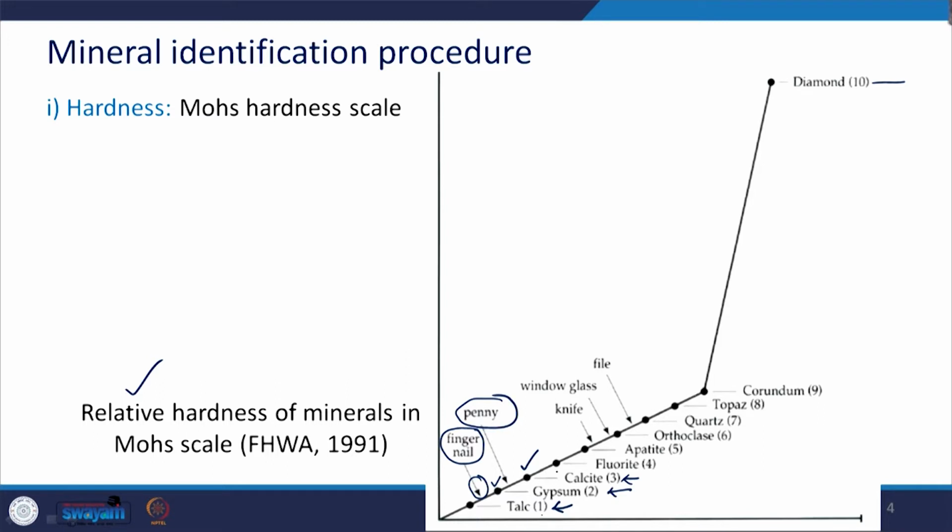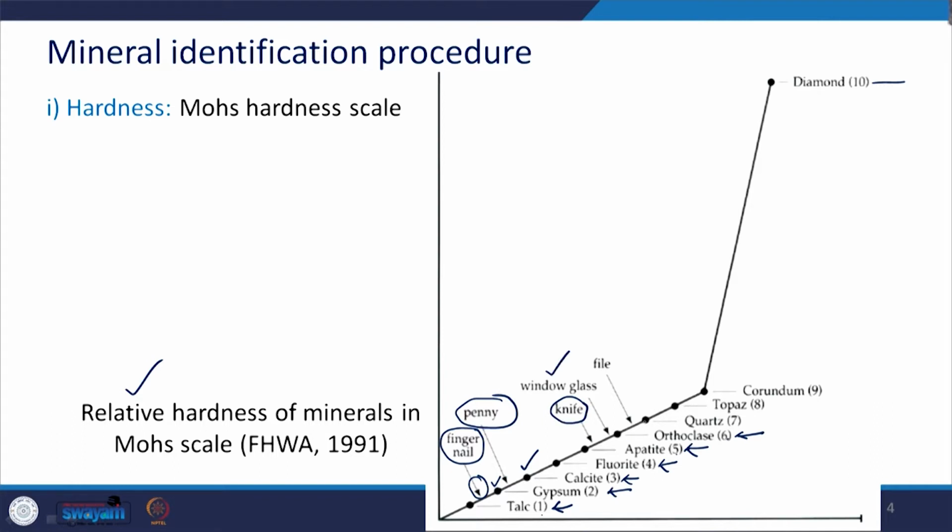Then the next mineral in this series is fluorite, followed by apatite, and then comes orthoclase. You can see that in between apatite, whose relative hardness is 5, and orthoclase, whose relative hardness is 6, there come the knife and window glass.